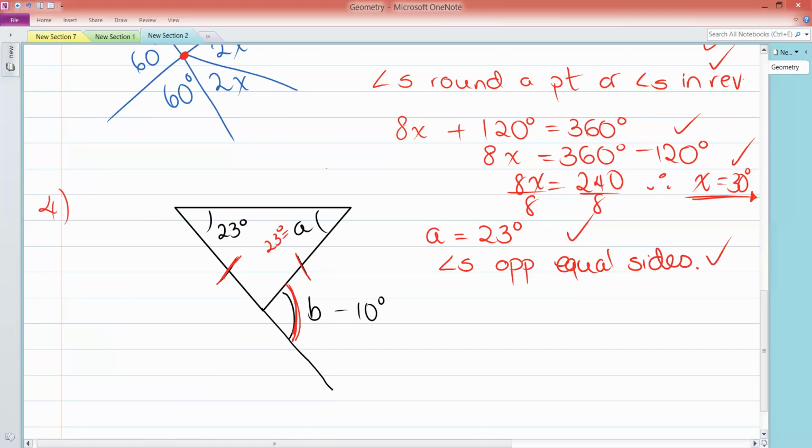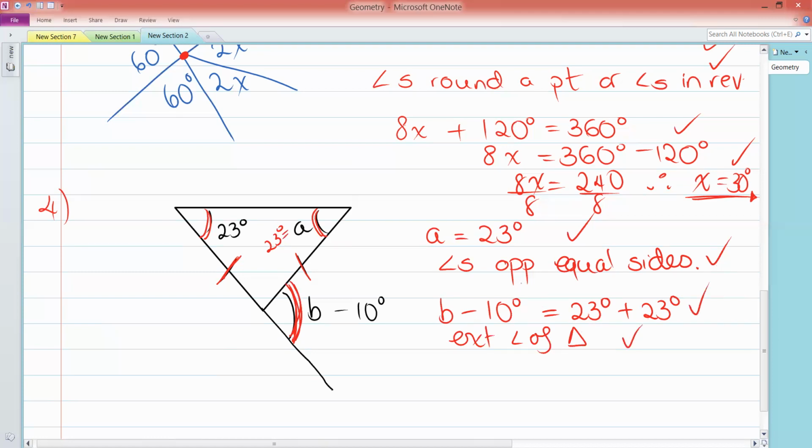So your statement: this exterior angle is equal to this plus that. So B minus 10, which is your exterior angle, is equal to the two opposite interior angles added together. Okay, the reason is exterior angle of a triangle. So a mark for your reason, a mark for your statement.